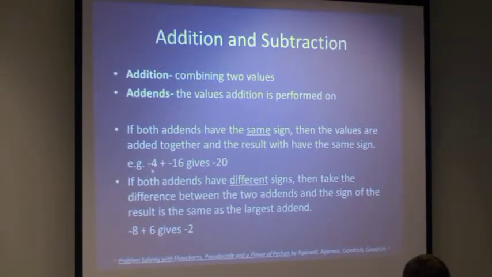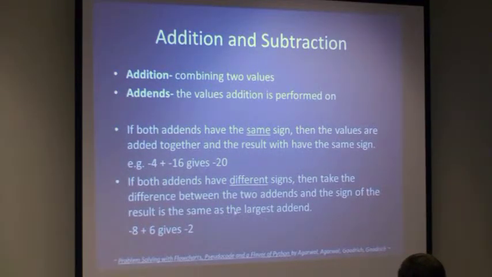And each one is called an addend if you're doing addition. And therefore, this gives you -20, right? You can read the rules. If it's the same sign, then you have the same sign in the result, right? If you have different signs, like in this example, the one with the larger number is responsible for the sign. Any questions on that?